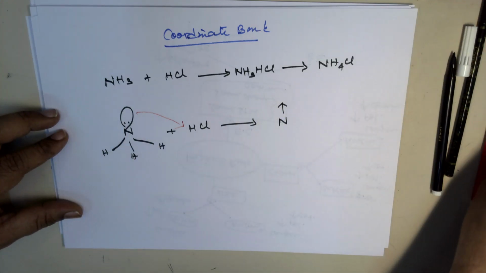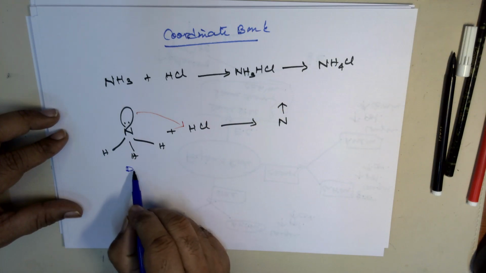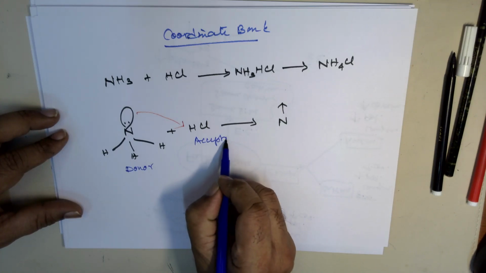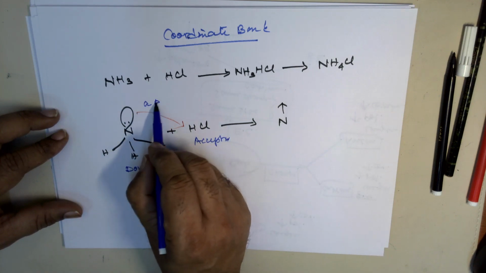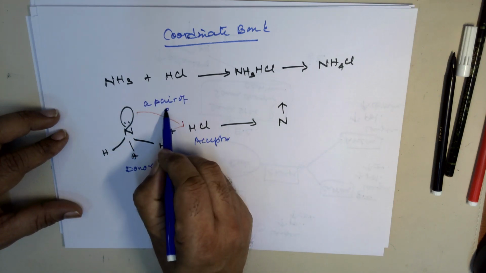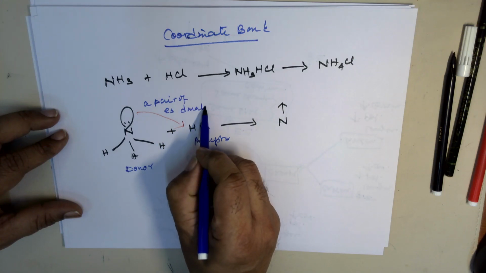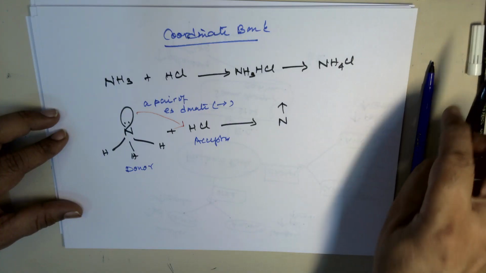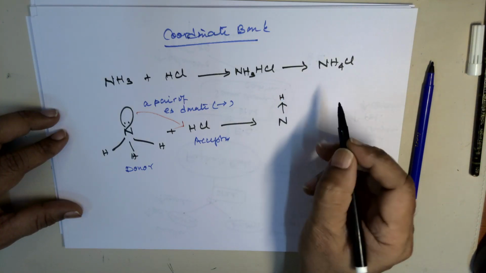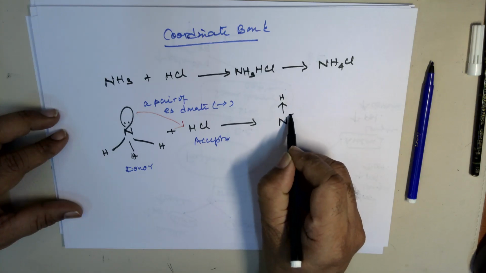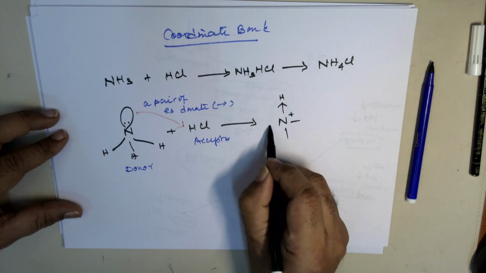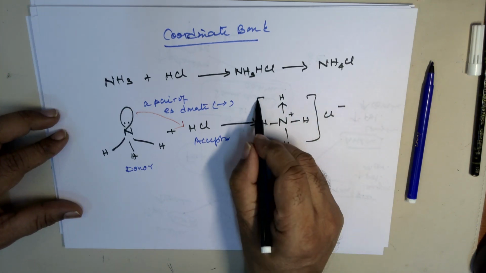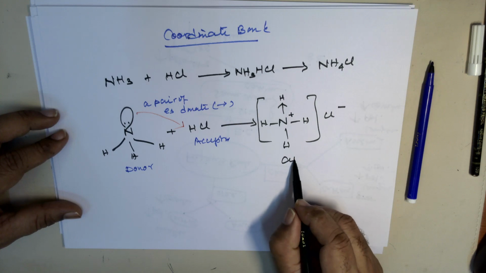Nitrogen is the donor atom, and here it is the acceptor, right? A pair of electrons is donated, and that is indicated by an arrow mark like this. Since it has donated its own electron, it becomes plus, and this is H, H, H, and this is Cl-. So that is why we call it ammonium.